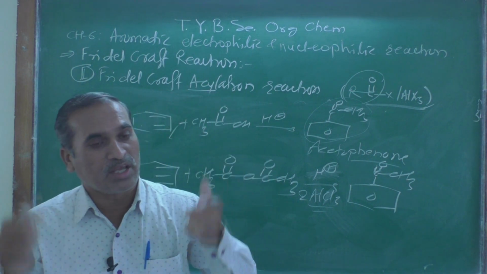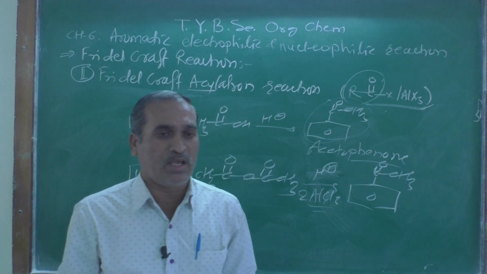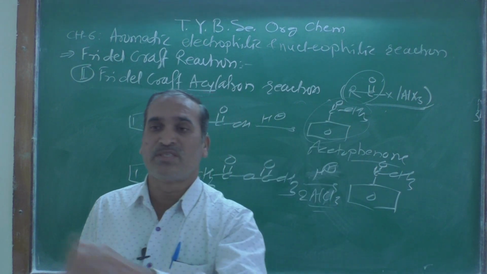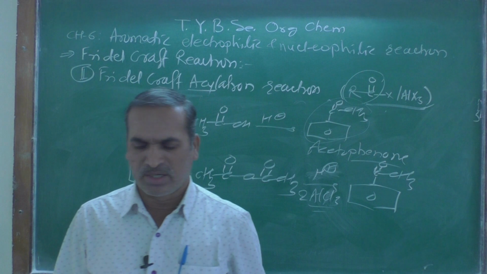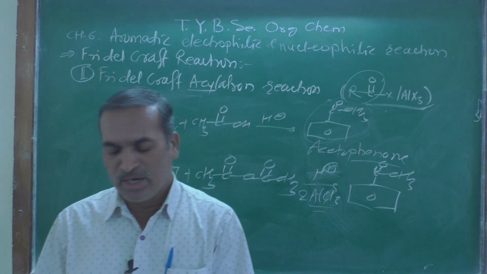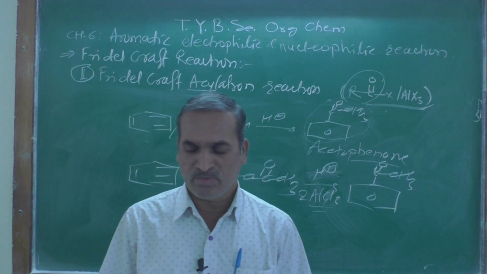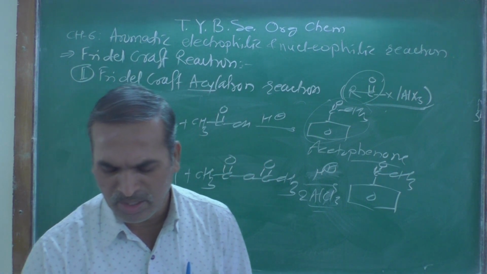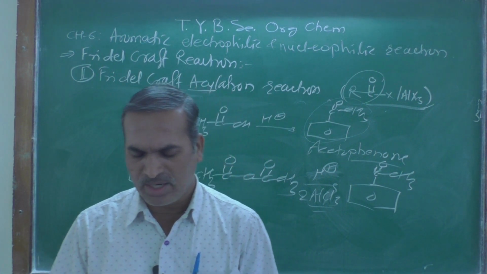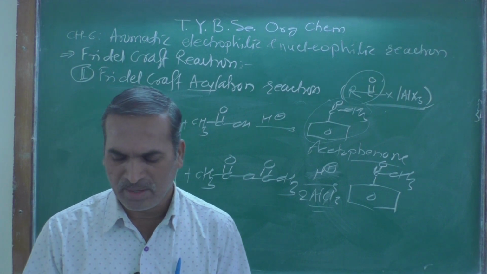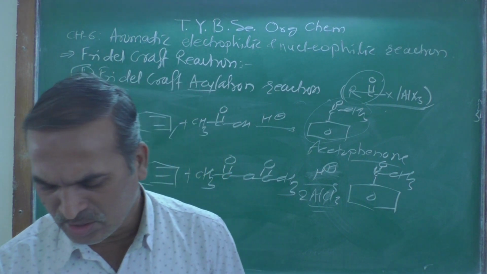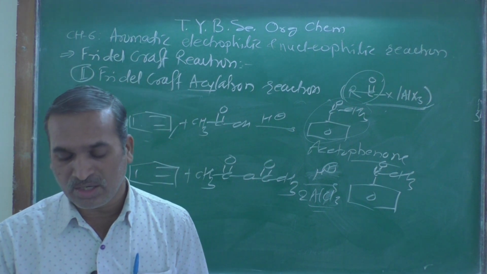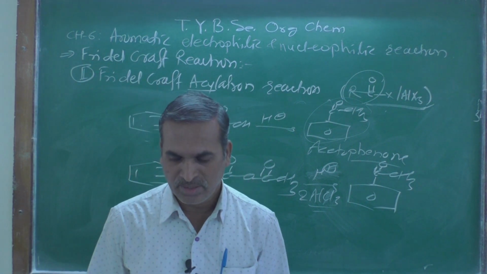So there is a lot of difficulty in introducing another group into the benzene ring. So that is one of the limitations of the Friedel-Crafts reaction. And similar to Friedel-Crafts alkylation reaction, Friedel-Crafts acylation does not take place with phenol and aromatic amines.